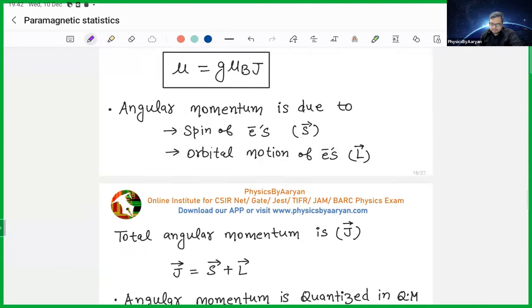I have 10-15 questions which were asked in the last 5 papers. Only do those questions; these are the questions which have come from canonical ensemble. I have already provided you the links. In your group, one of the links is canonical ensemble last 5 papers. That's all.